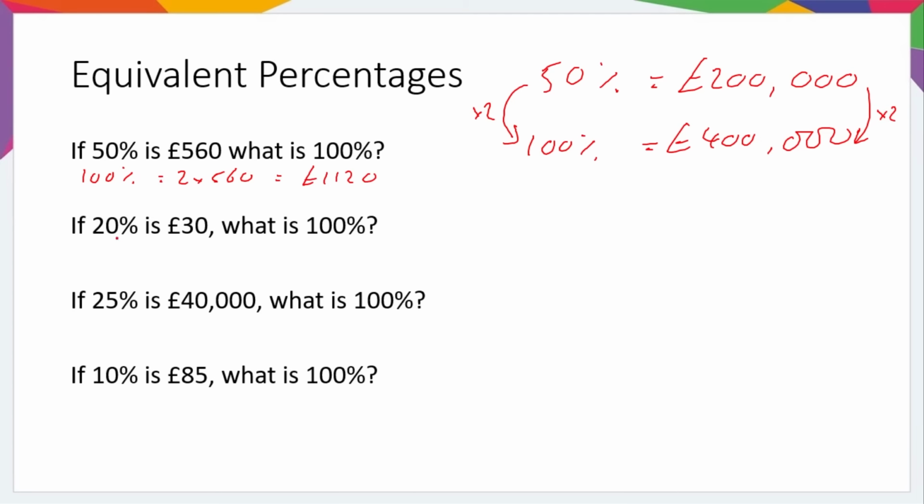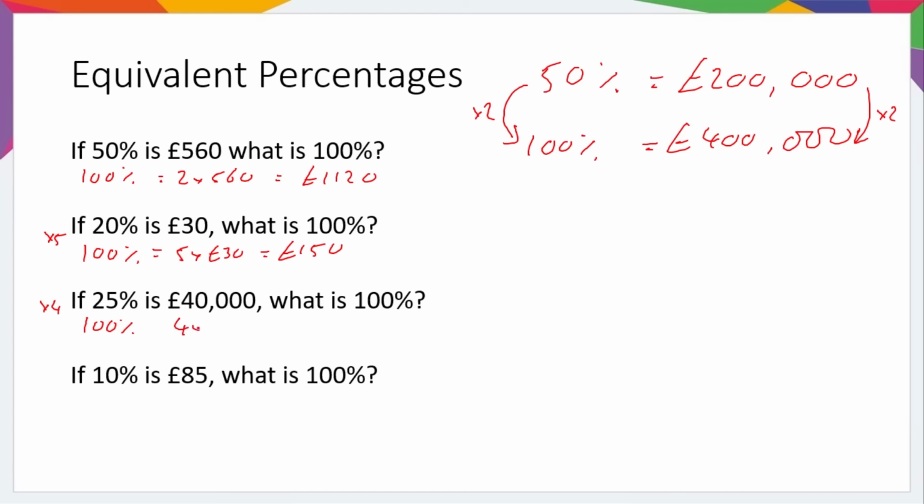1,120. If 20% is £30, what is 100%? Well, 100% is 5 times more than 20%. So we need to work out 5 times 30. 5 30s are 150. If 25% is 40,000, then 100% is 4 times more than 25%.